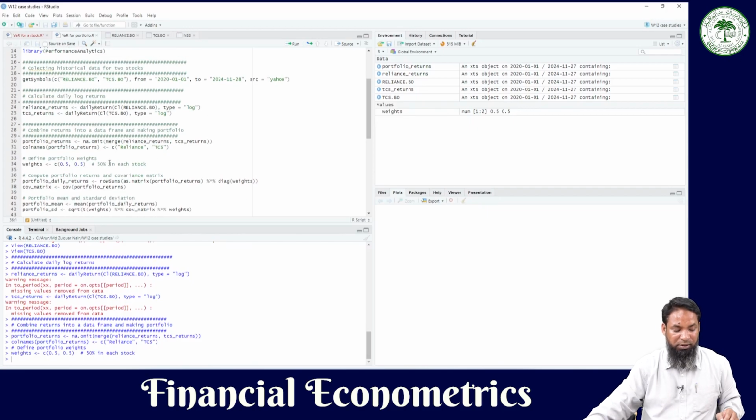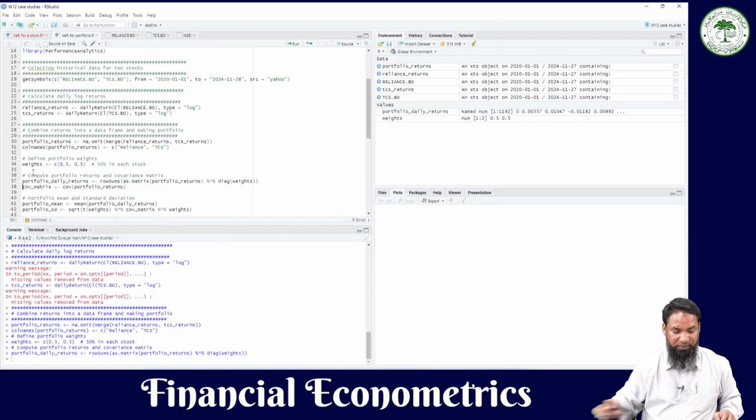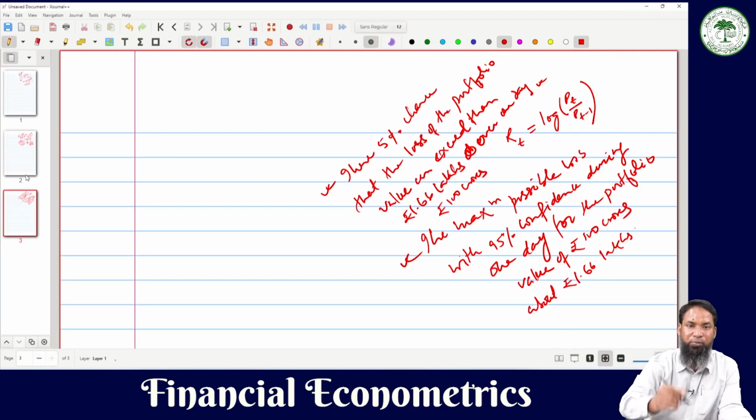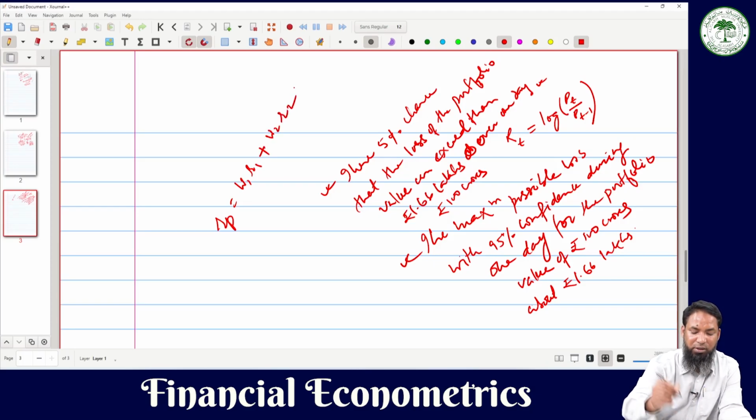Then we are calculating the portfolio daily returns using the portfolio here. So you might remember from the discussion, to calculate the portfolio return, we take the weight assigned to the first asset and the return of the first asset, then the weight assigned to the second asset and the return of the second asset.